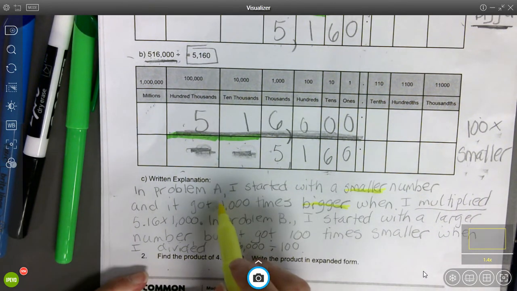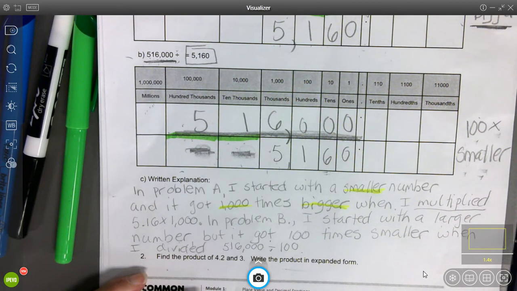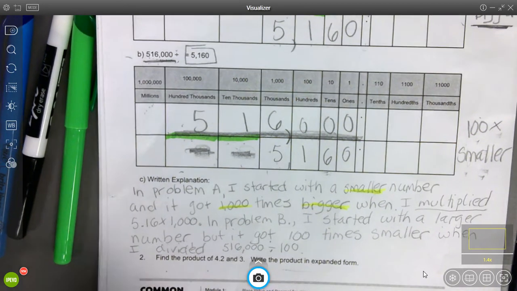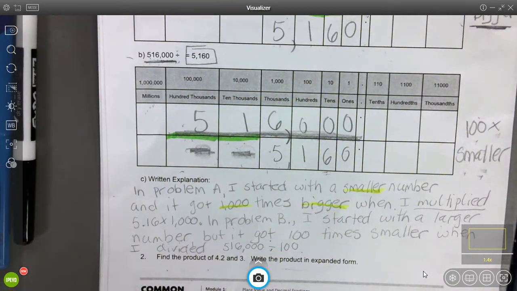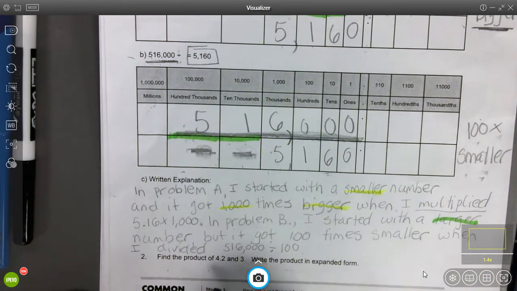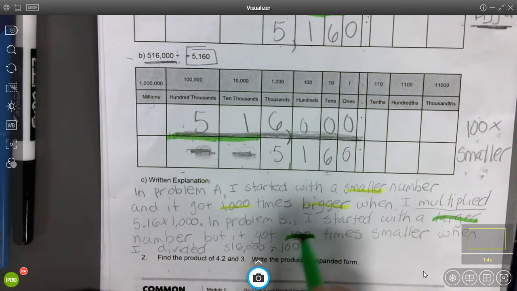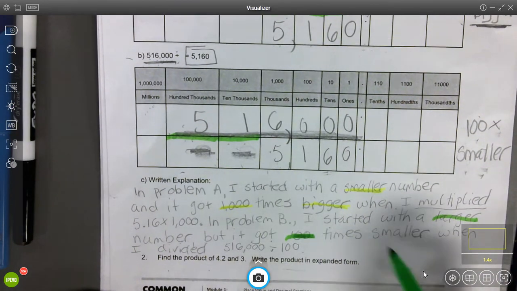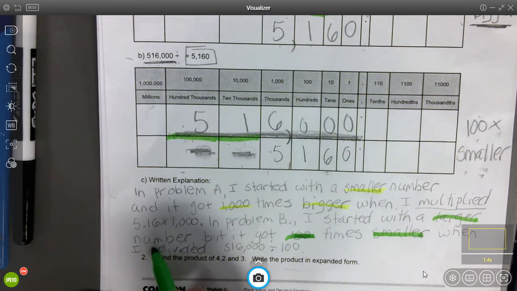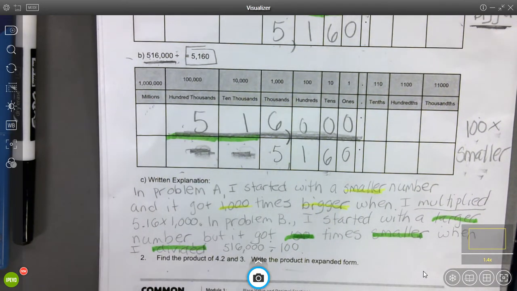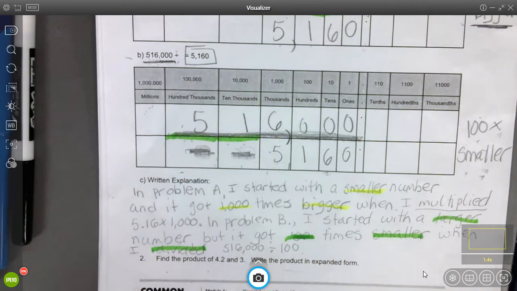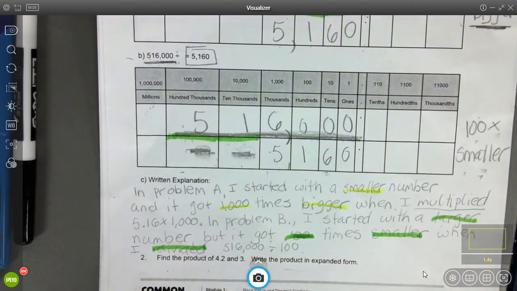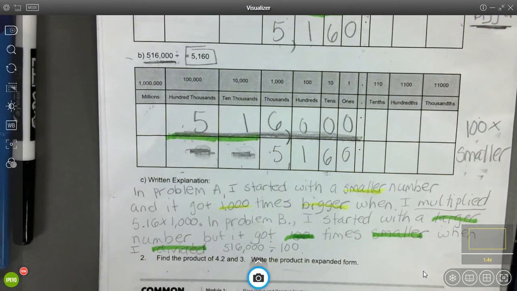And you have to be able to tell us how many times bigger. And then same with division. If you start with a larger number, you have to tell us how many times smaller it gets when we divide. Those are the keywords we want to see in your explanation. And again, you can stop the video to take a look at this longer.